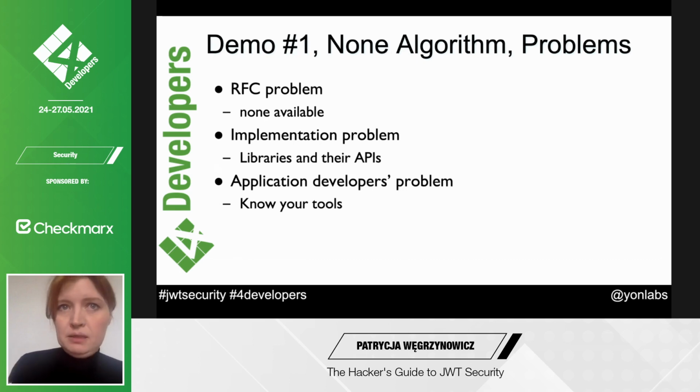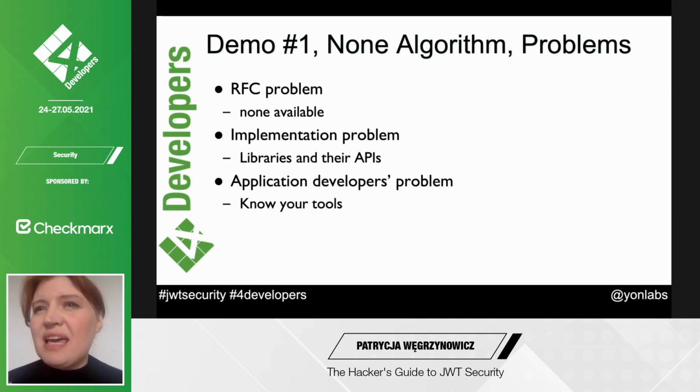There are 3 main problems revealed by our first demo. The first problem is the presence of the none algorithm in the RFC. I guess that the intent was to use the none algorithm in a controlled environment like an internal network. However, even in such cases, I would say it's not recommended from the cybersecurity point of view.